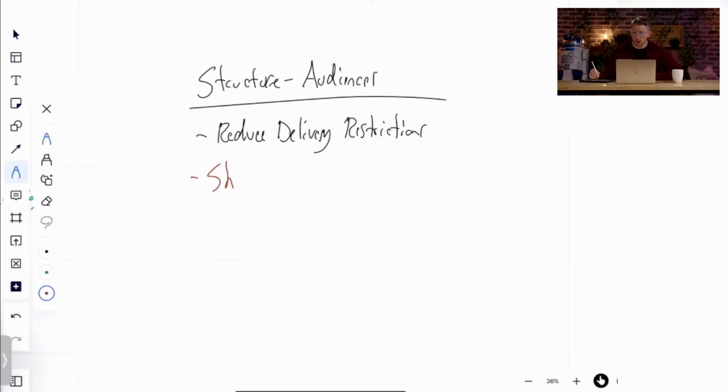Now, the next thing we're going to do, from an audience standpoint, is shorten retargeting windows. So if you use custom audiences right now, you probably have some different buckets. You might have people who visited our website in the last 30, 60, 90, 180 days. You might have add to carts. You might have website purchasers in the last 7 days, 30 days, 90 days, etc. So we're going to shorten retargeting windows.